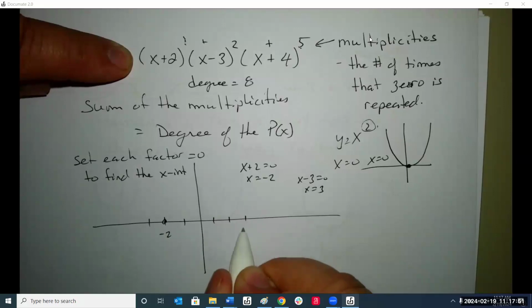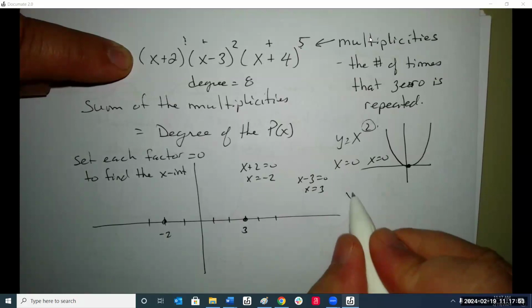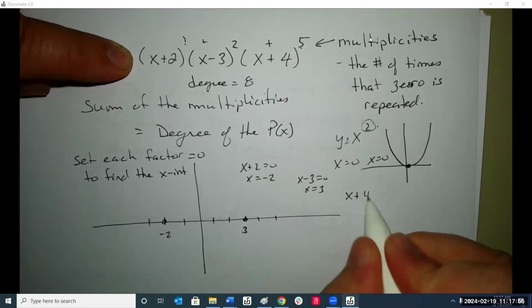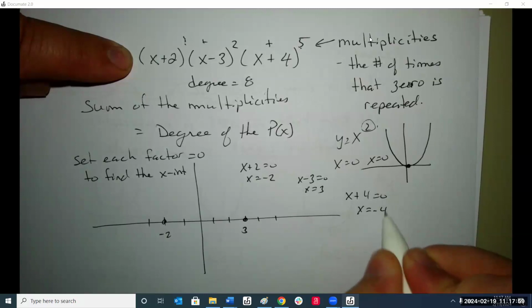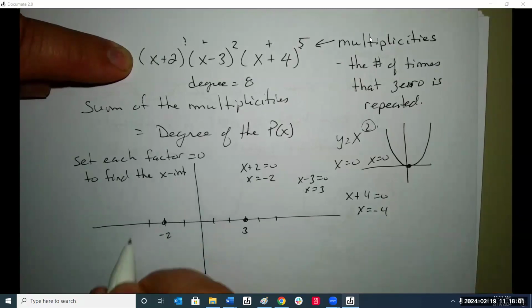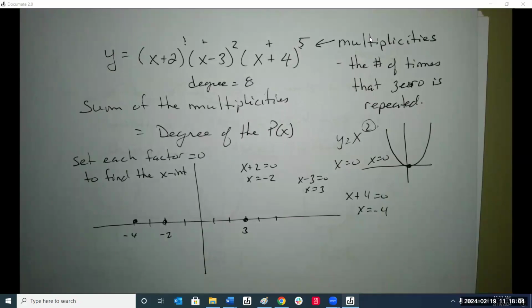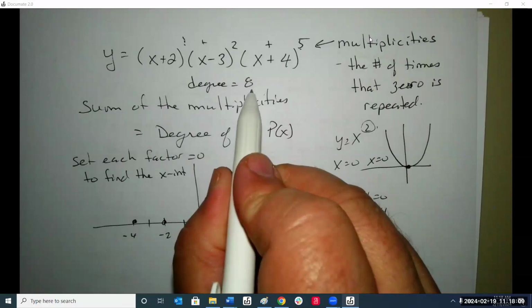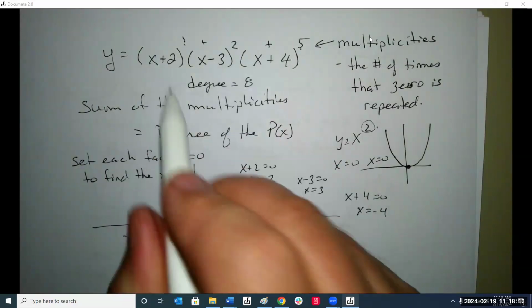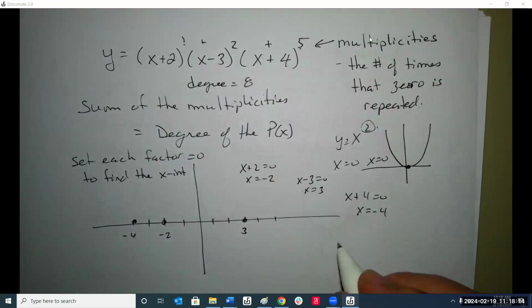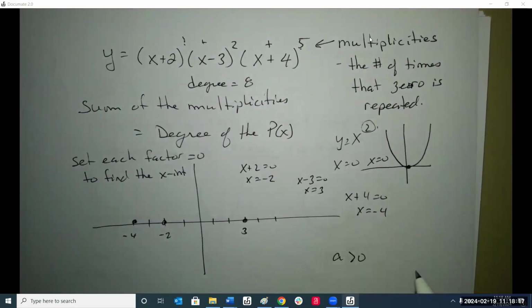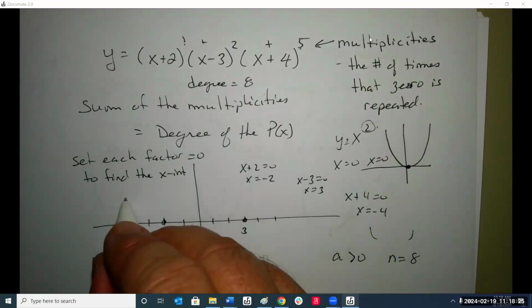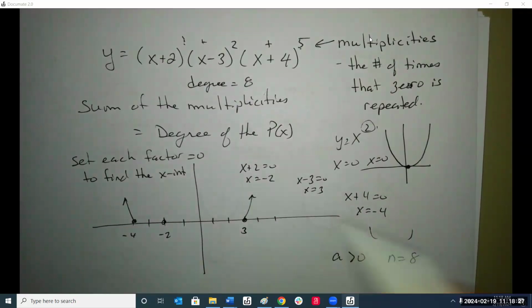And x plus 4 equals 0, so x equals -4. Since the degree is 8, and all the x's are positive coefficients, we know that a is positive, and n equals 8. So our graph will look something like this. From the endpoints, our graph does that.